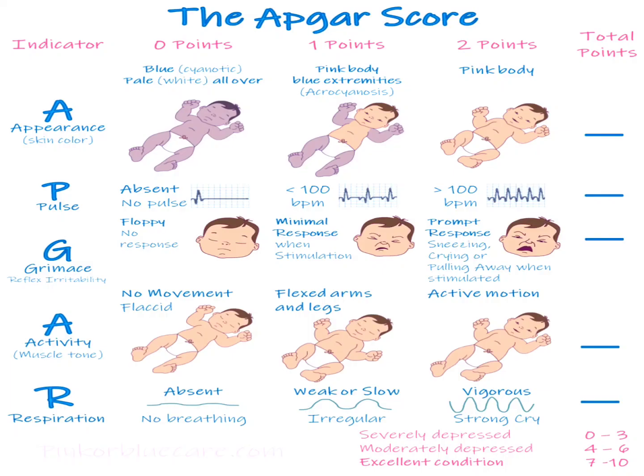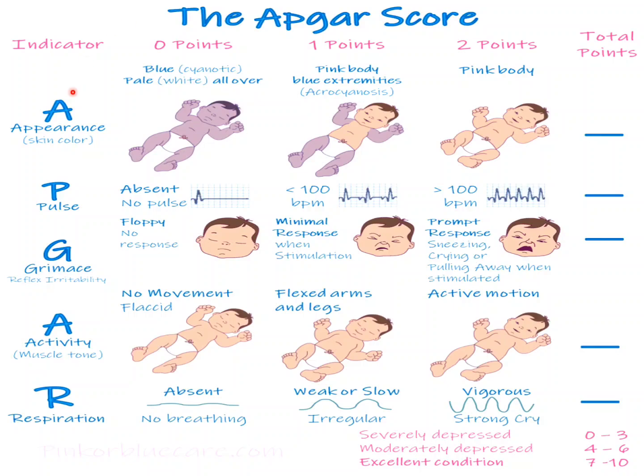Next, the Apgar score system. The Apgar test is usually administered twice, once at 1 minute after birth and again at 5 minutes after birth. Each of the 5 signs is given a score of 0, 1 or 2. And the individual scores are then added up to get a total score ranging from 0 to 10.